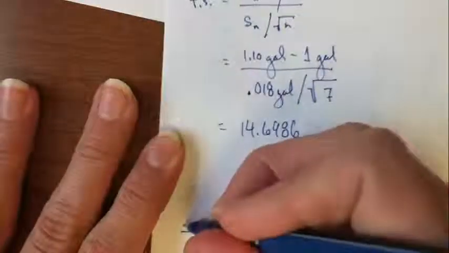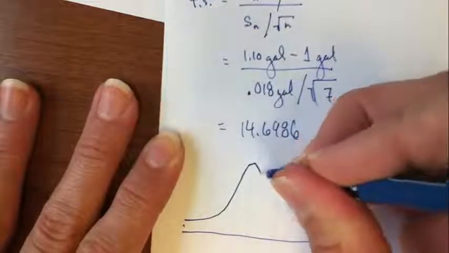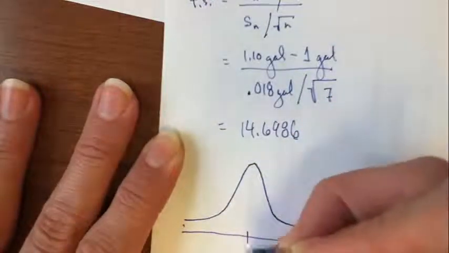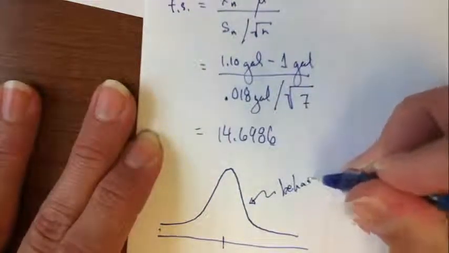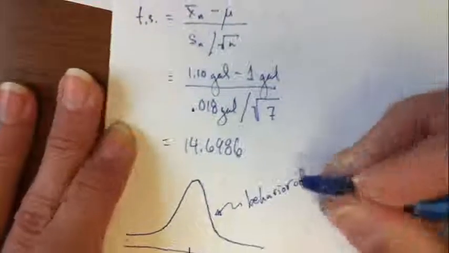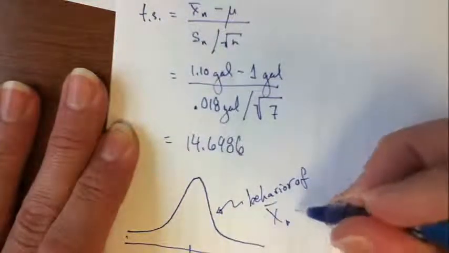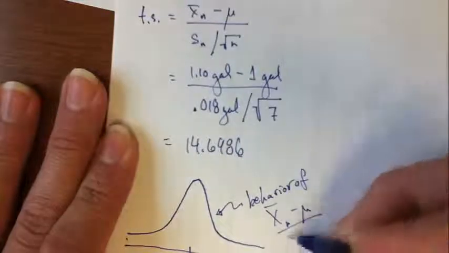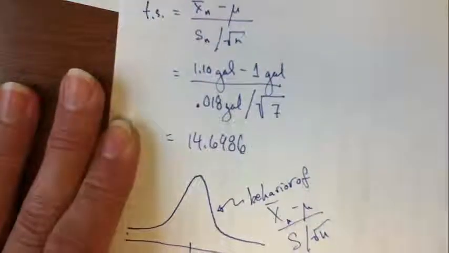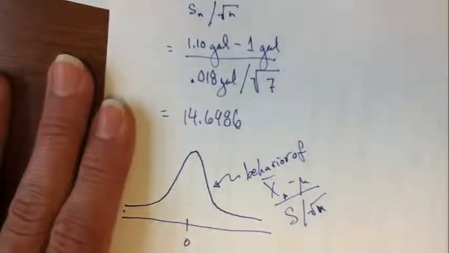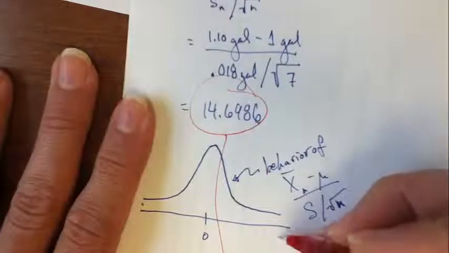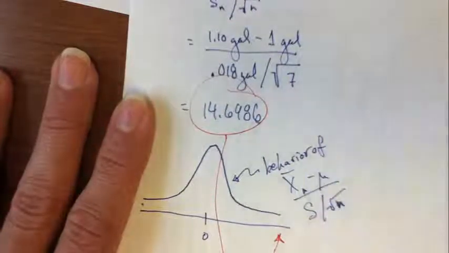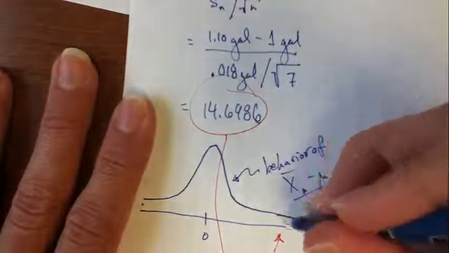So the question now is, if what the company says is true, this is the true behavior of that random variable, X n bar minus mu over s over root n. I want to know just how strange this number is. Is it very far away from 0?